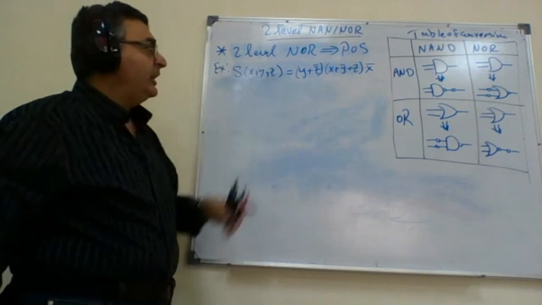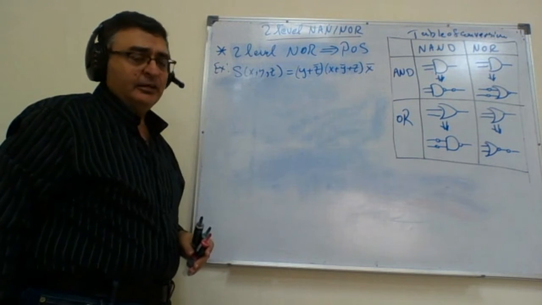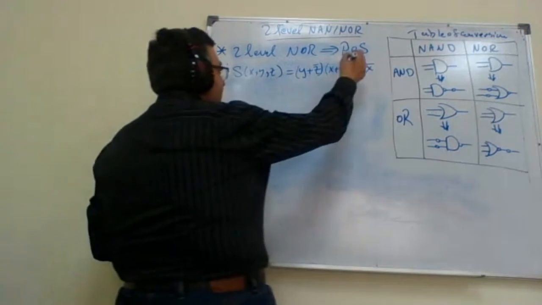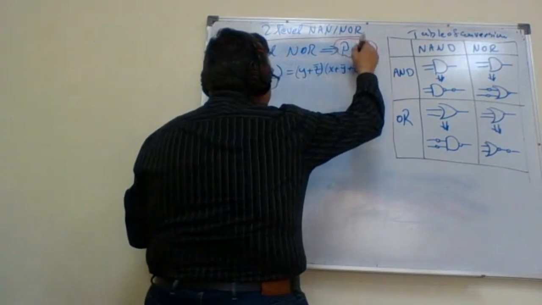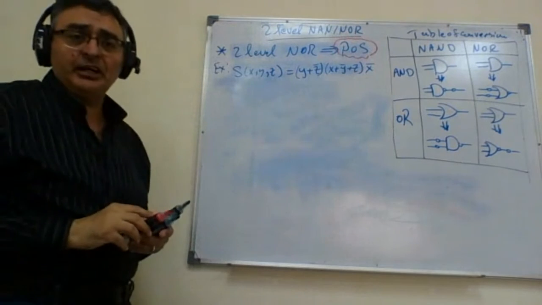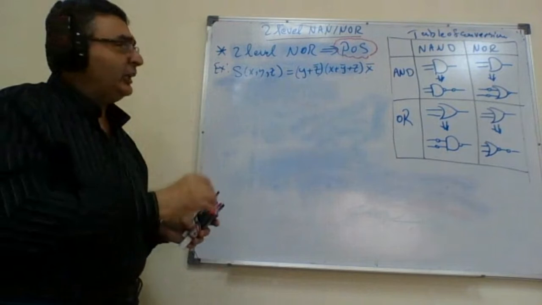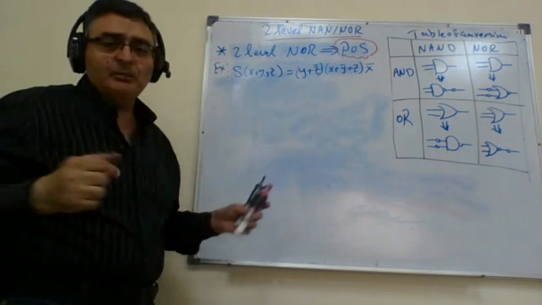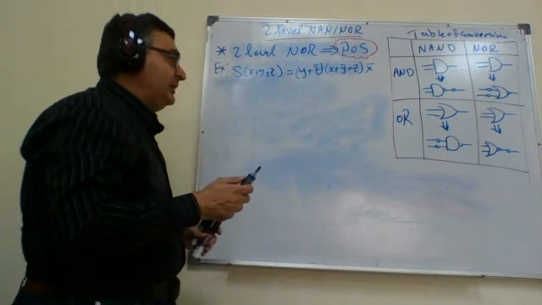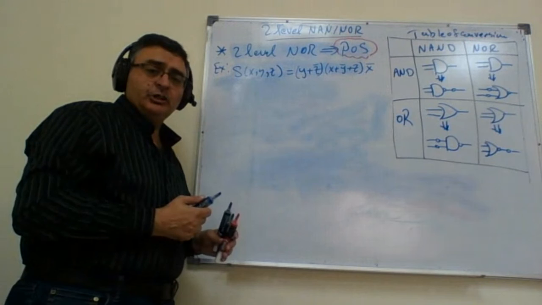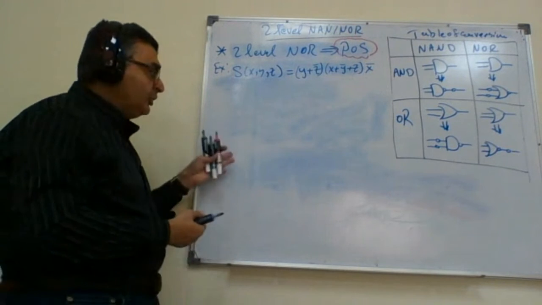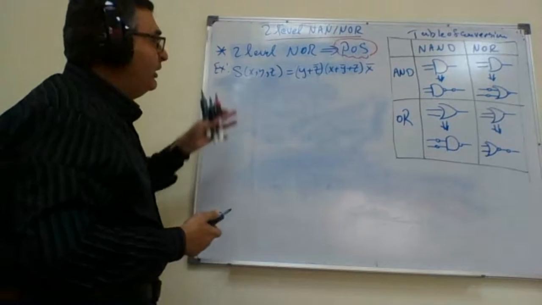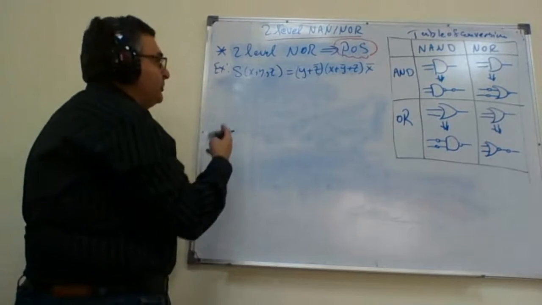Is this function S in any standard? Yes. Which standard is this? This is SOP standard. Since the equation is in SOP standard, I can achieve two-level NOR simply by doing exactly the same technique we did in the last lecture through the drawing.